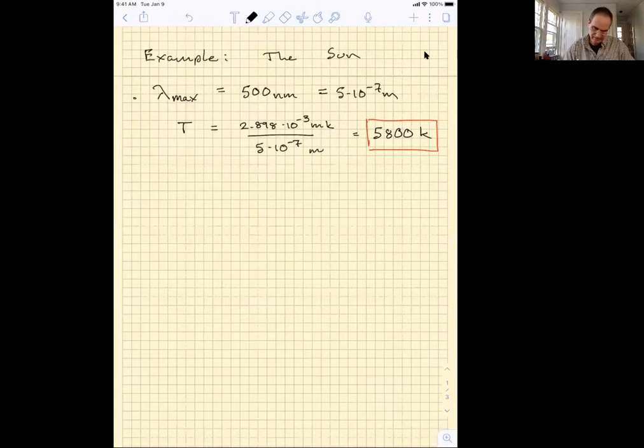Here, let's look at a second example concerning the sun. Now we know how hot it is. Of course, we know from astronomical observations how big it is. So that means we should be able to figure out the total power emitted by the sun, the total radiated power.